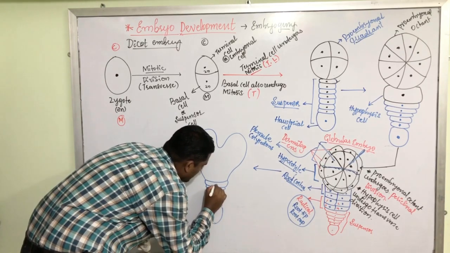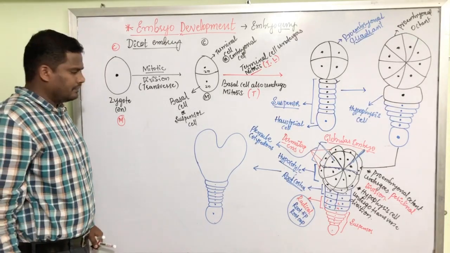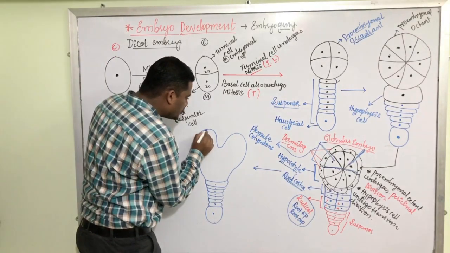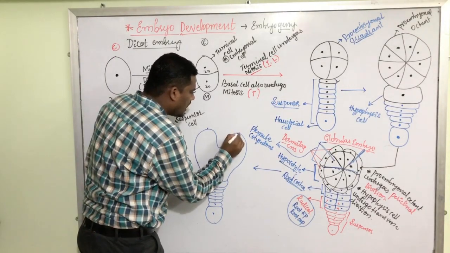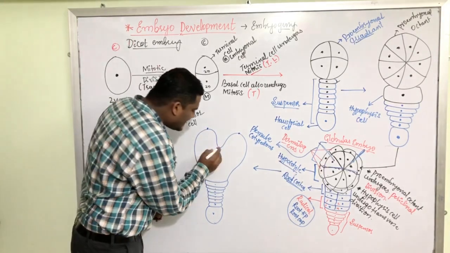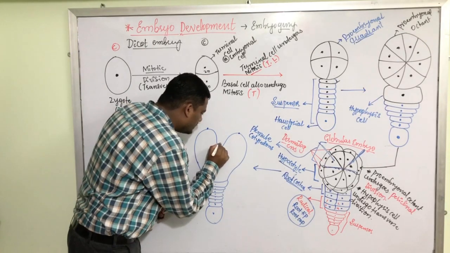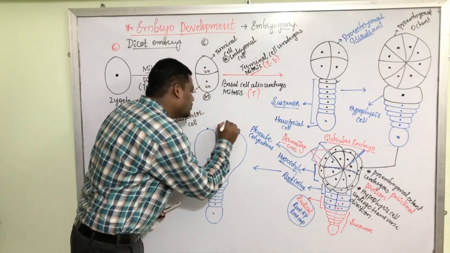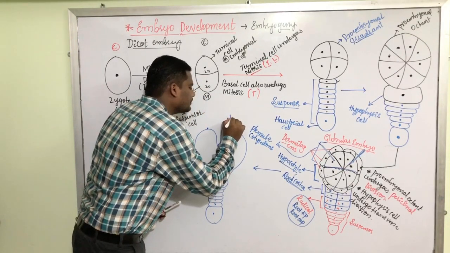Heart shape of the embryo. Here, these two are our future cotyledons, whereas in this depression there is a plumule located.